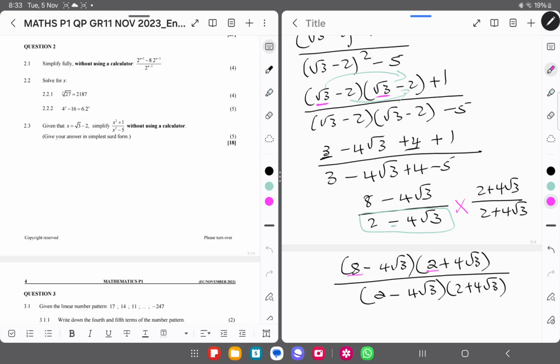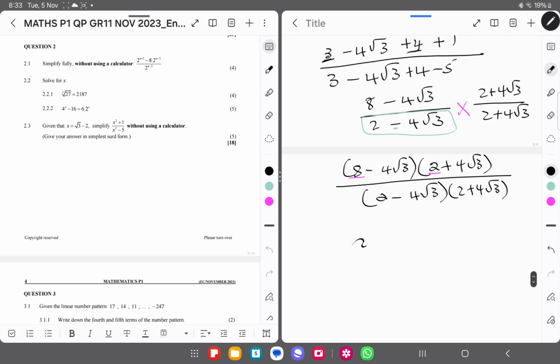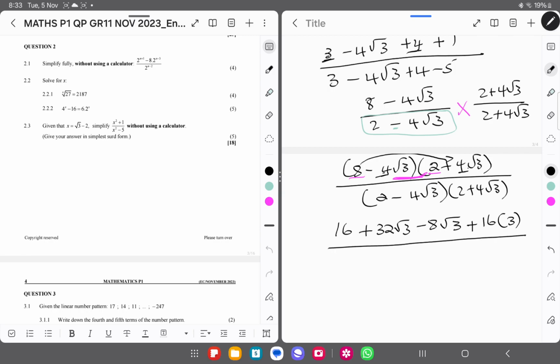Now 8 times 2, I get 16. Then 8 times this one, 8 times 4, okay, 32. I get 32 the root of 3 minus 8 times 2, it's minus 8 the root of 3 plus 16. 4 times 4, 4 times 4 times the root of 3 over.